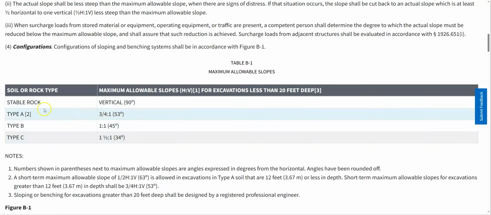And so this is a changing steepness. So rock is very, very stable, as you can see here. And so a rock face can be set up vertically and it'll support itself typically. Again, that's the maximum slope. It wouldn't make much sense to go past 90 degrees. You wouldn't want to dig in because then you have the shear or the cave-in risk, okay? So anyway, same thing here.